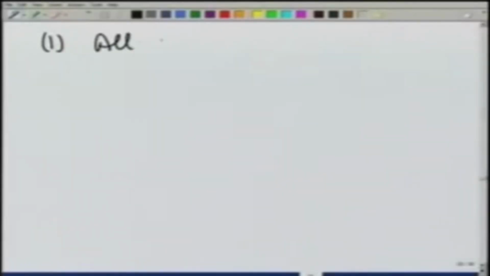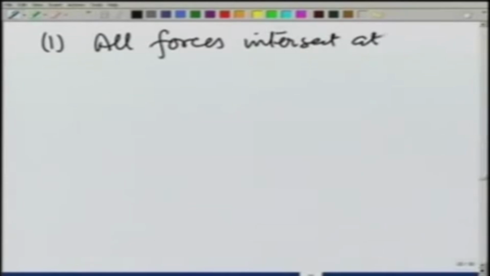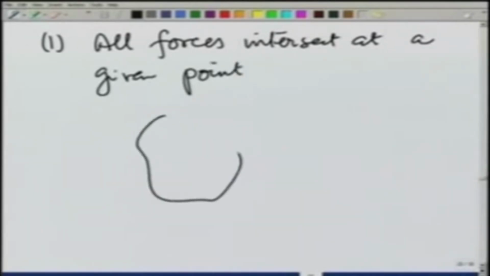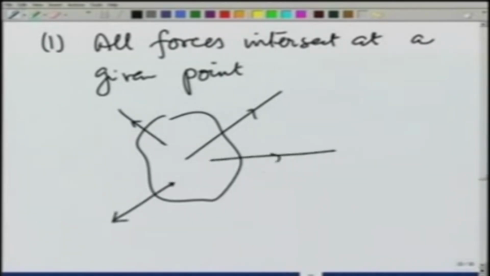For example, let us take case 1. All forces intersect at a given point. So, suppose there is a body and all the forces applied, they may not be applied at the same point. So, F1, F2, F3, F4, but they all intersect at a particular point.